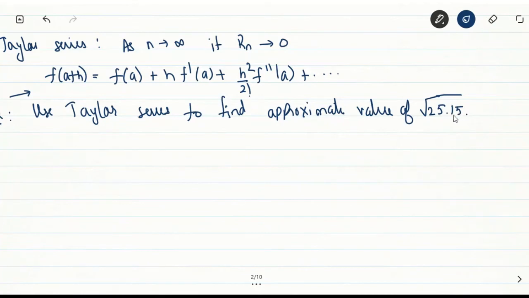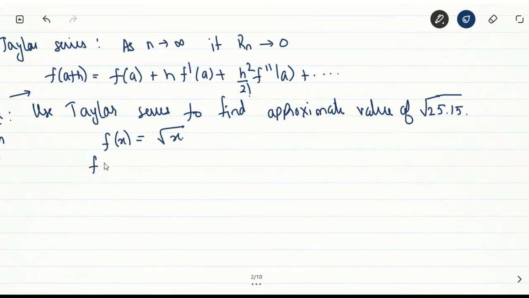So we will use the Taylor series to find the approximate value of root of 25.15. So solution, here we can take f of x as root x.